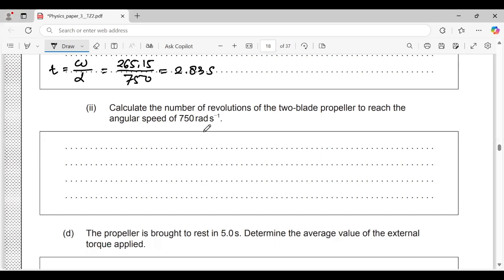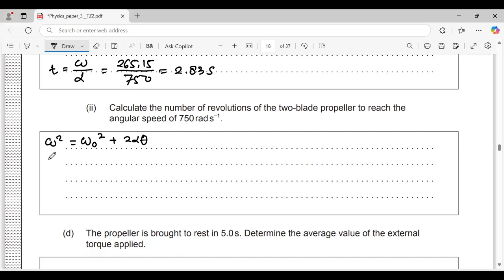Next, calculate the number of revolutions of the two-blade propeller to reach the angular speed of 750 radian per second. We will be using the rotational kinematic equation that omega squared equal omega 0 squared plus 2 alpha theta. Omega is angular velocity. Omega 0 is initial angular velocity. This is 0 because it's starting from 0. Alpha is angular acceleration while theta is angular displacement.